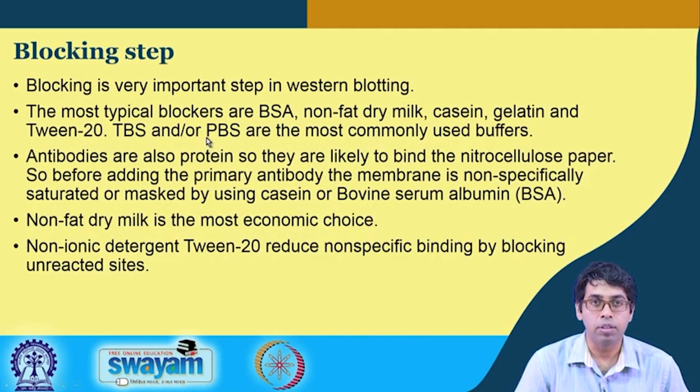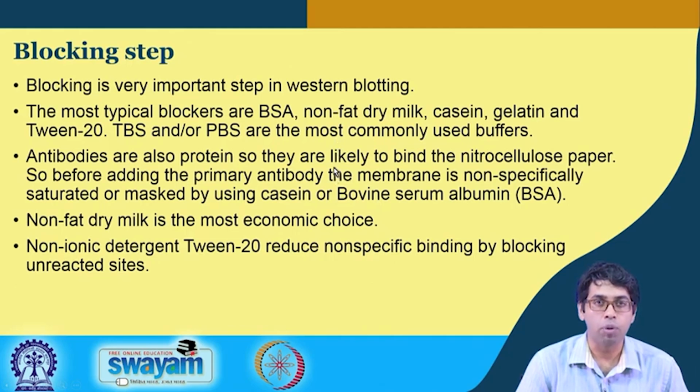Once we have the transfer step completed, then another step is used which is called blocking. Blocking is a very important step in Western blotting, and typically we use BSA or bovine serum albumin or non-fat dry milk. Non-fat dry milk has casein as the major component, and then different buffers are used.